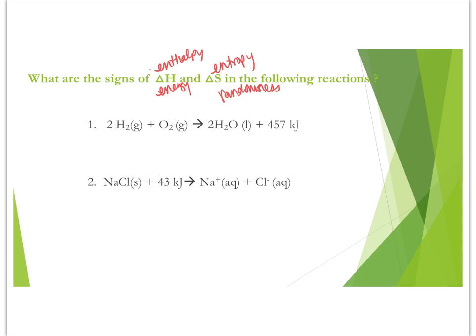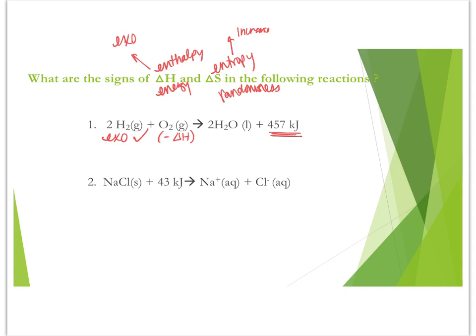In terms of energy, exothermic is what we want, and an increase in entropy or randomness is what we want. If energy is written as a product on the right-hand side of an equation, it means it's being given off. That means it's exothermic, which would be spontaneous. That would be good, and exothermic is a negative delta H.